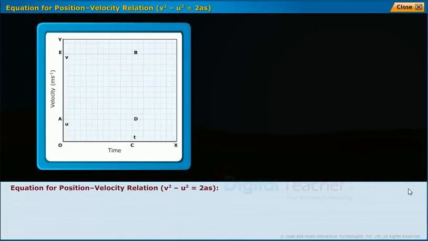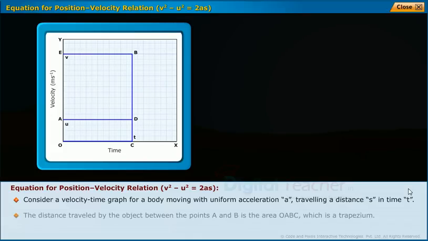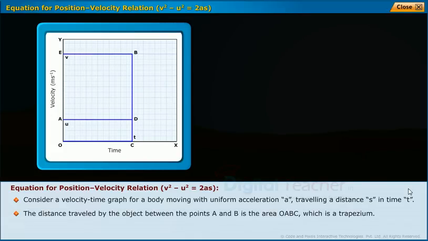Equation for position-velocity relation: v square minus u square equals 2as. Consider a velocity time graph for a body moving with uniform acceleration a, traveling a distance s in time t. The distance traveled by the object between the points A and B is the area OABC, which is a trapezium.